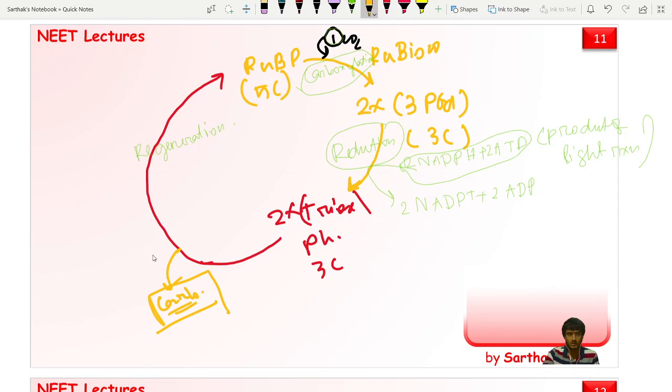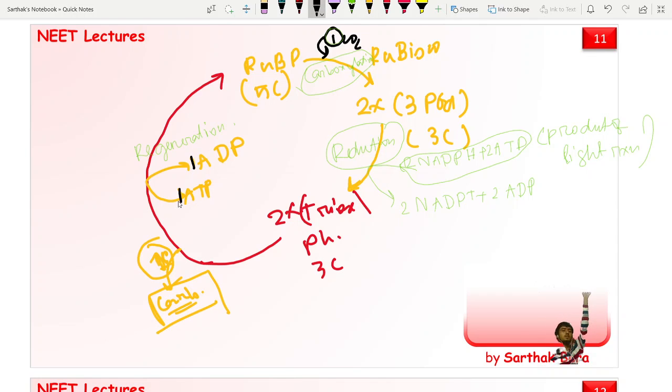So 1 carbon is used in synthesizing carbohydrate for each CO2 molecule fixed. This is also important, and I have told you in the previous slide that for each CO2 molecule fixed, 1 ATP is converted to 1 ADP for this regeneration process. This is 1 ATP, regeneration process.